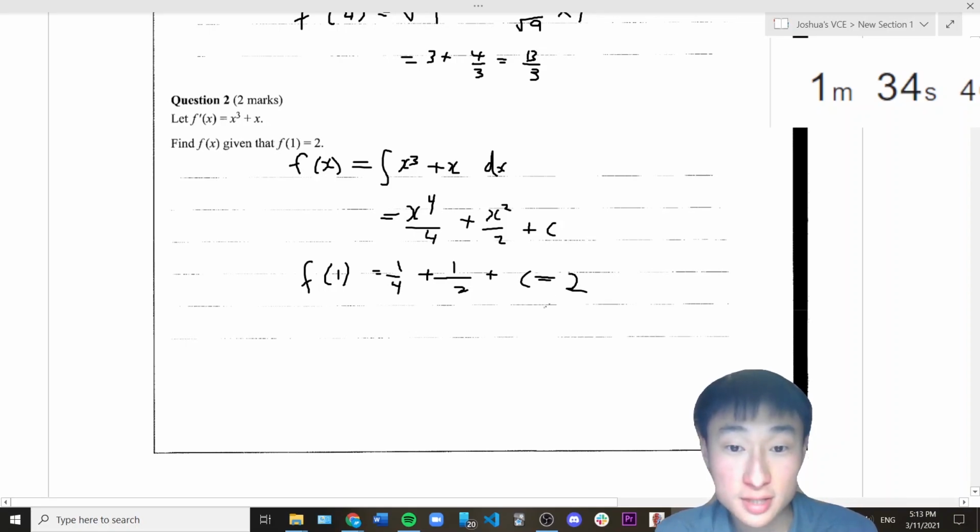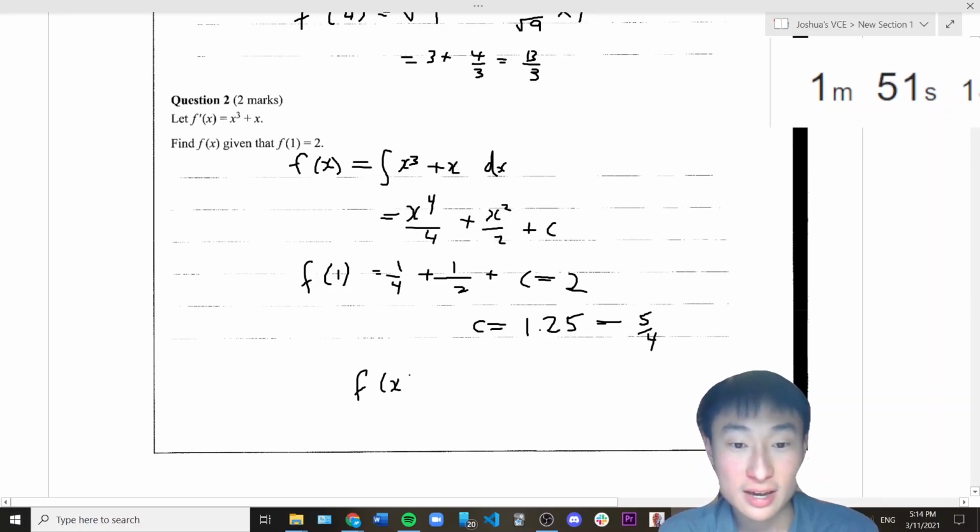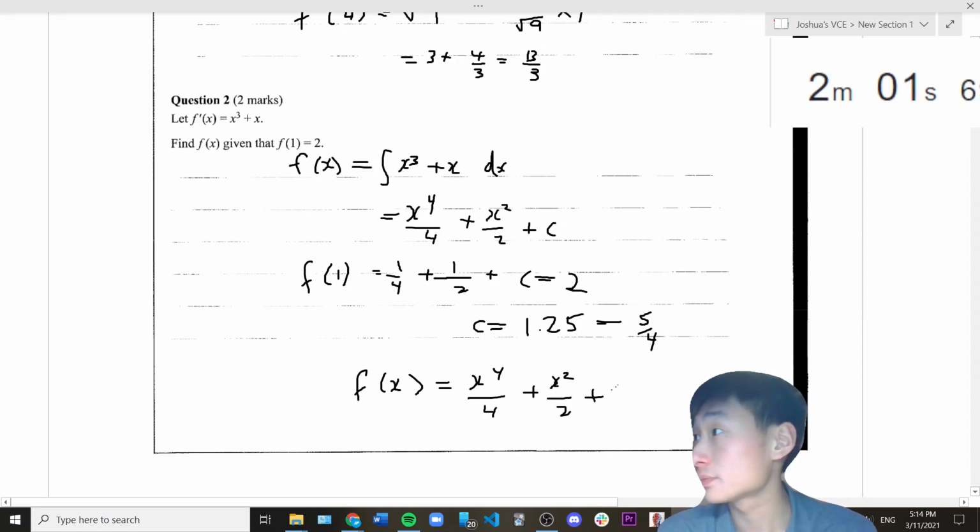And so c is equal to 2 minus a quarter minus half. That's 2 minus 0.75, so that's 1.25. Actually, I enjoy fractions more. So 5 over 4. So we need to write the whole thing. f of x is equal to x to the 4 over 4 plus x squared over 2 plus 5 over 4.